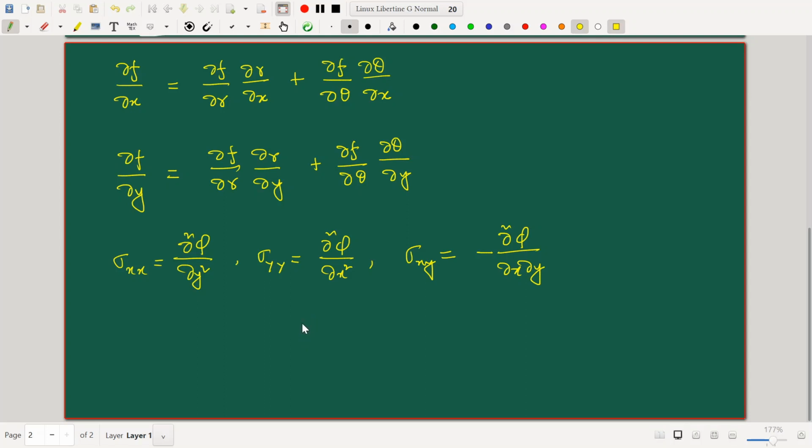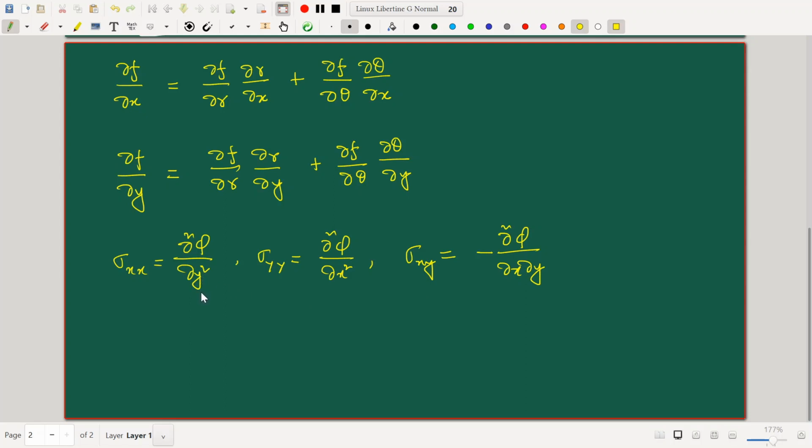And since we have already defined the del 2 del x2, the del 2 del y2, all these things, we believe that it should be possible to obtain the corresponding expressions of sigma xx, sigma yy, and sigma xy. But does that mean that our job is done? Suppose you were to convert this del square phi del y square in terms of the derivatives involving r and theta.